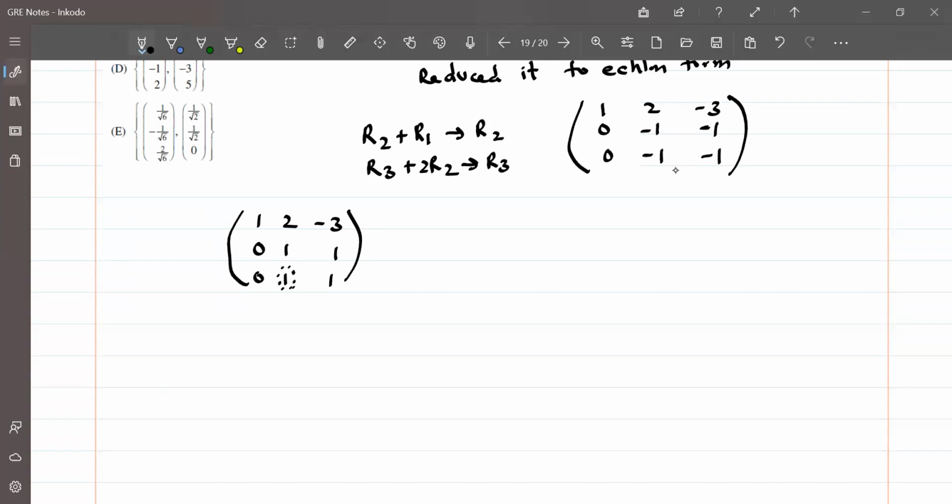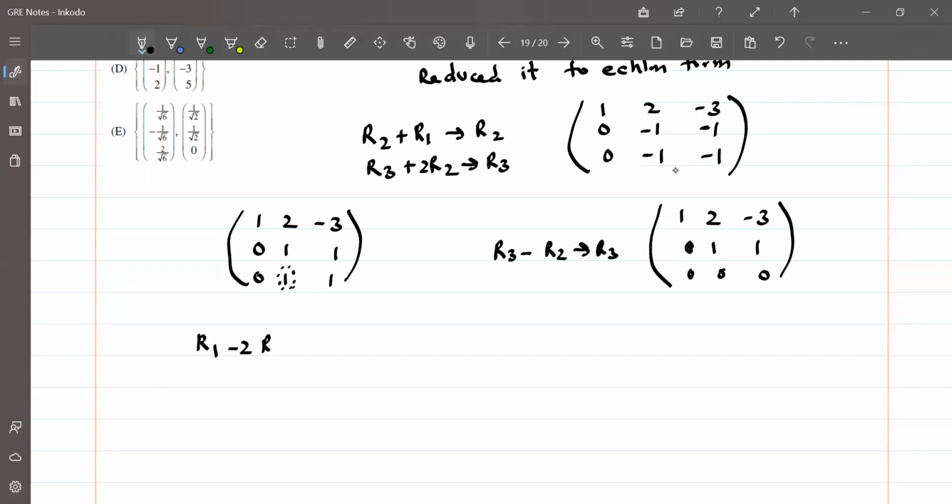So we want to make this entry 0. If we use the row operation R3 minus R2, and put it in the R3 row, this is equal to 1, 2, -3, then 0, 1, 1, and then 0, 0, 0. Now we have to make this entry 0, so I choose the operation R1 minus 2 R2, and put it in the R1 row.